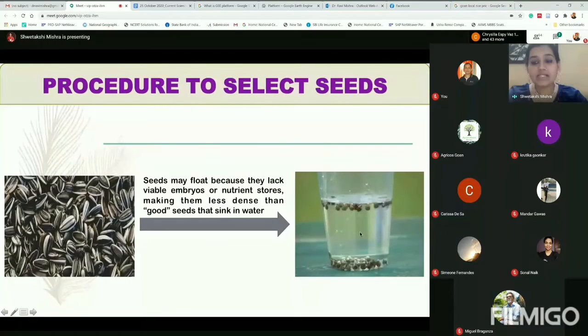This is because when we submerge the seeds into water for say 10 minutes, the seeds will start absorbing water, and those seeds which are good and have a viable embryo will sink because the density is increased, whereas those which float may not have that much potential to grow into a plant. So this is one of the traditional techniques of seed selection.